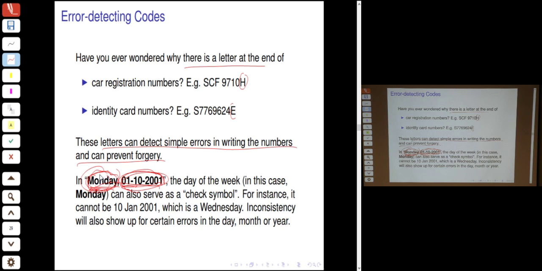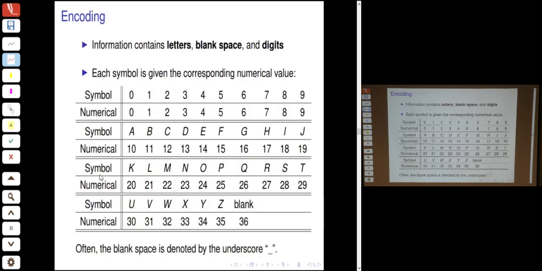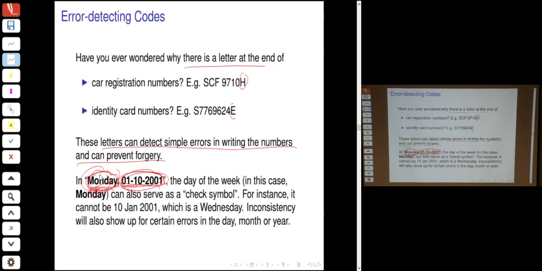In some sense, I am expressing this particular date in terms of a code word, which is first the name of the day of the week, followed by a numerical date. Okay? So, this is my code word for that particular day I want to refer to. In other words, this is a very simple example of an encoding strategy which gives you a simple way to check for easy, basic errors.